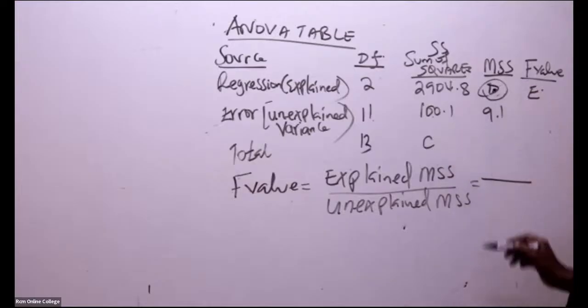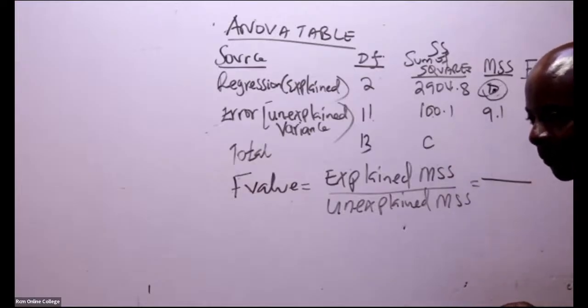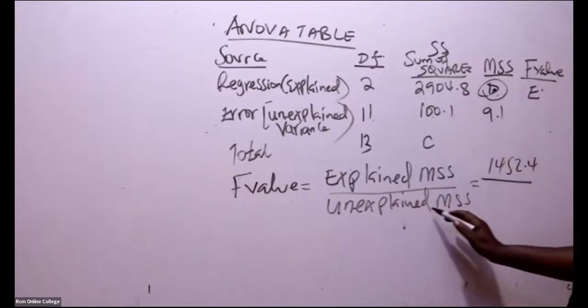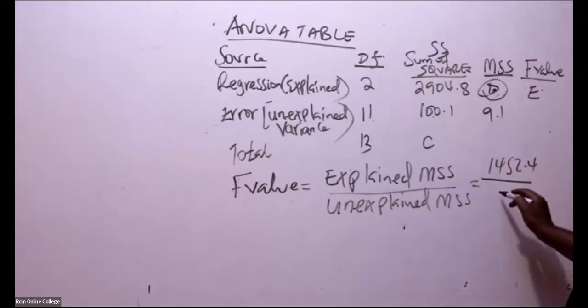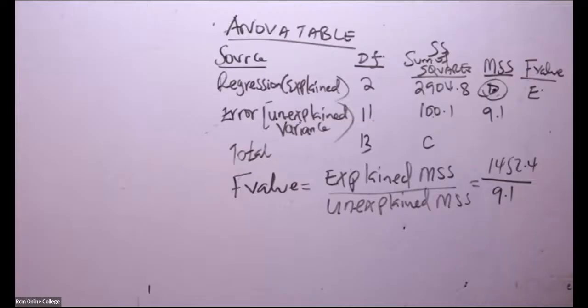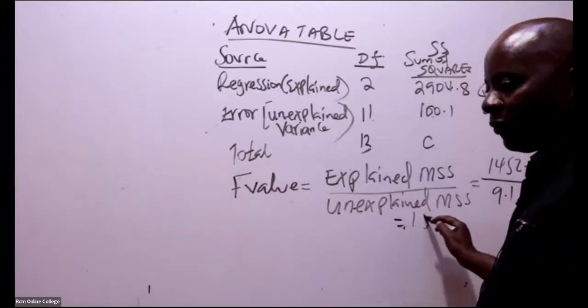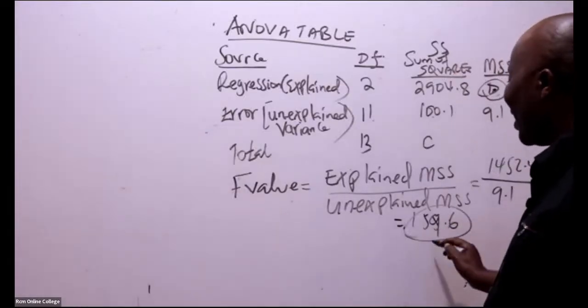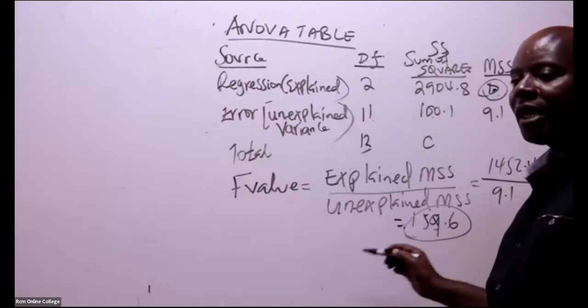So D equals 1452.4, divided by the unexplained mean sum of squares, 9.1, gives us the F ratio of 159, which is really high. Very good. The higher it is, the better the predictor.